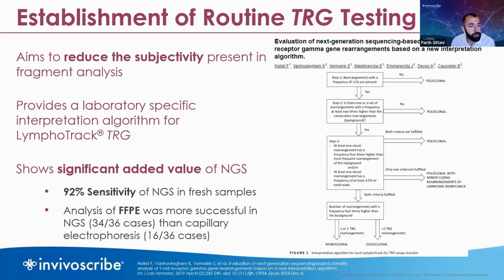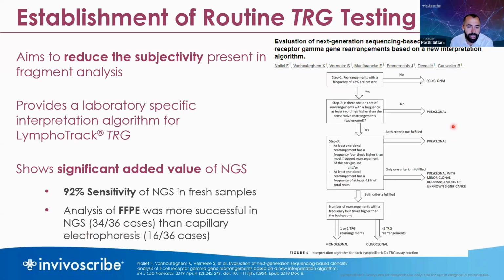This is a publication from Europe showing interpretation criteria that they developed for T-cell receptor gamma. So this lab showed 92% sensitivity using just gamma, no beta in this case. And interestingly enough, they actually had better results for FFPE samples using NGS than they did with electrophoresis.